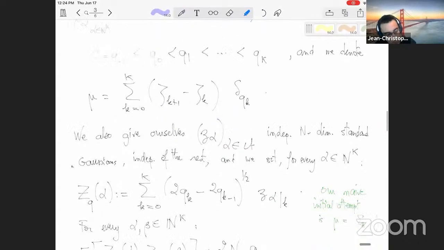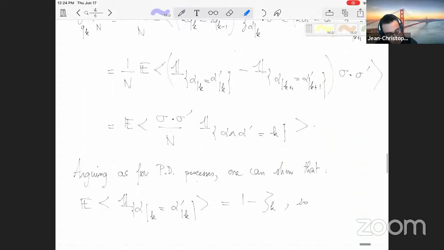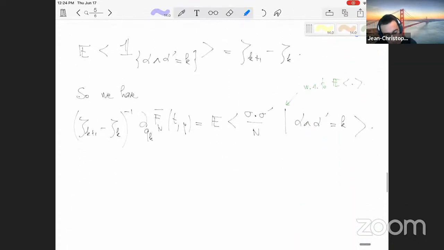And I claim it makes sense to do this. Because in general, and this is just a philosophical digression, I could justify it more precisely. Imagine that you look at a function of a measure, which is just the integral of f of x d mu of x, and I'm thinking that mu is a sum of Diracs, and I'm moving the Dirac at position qk.